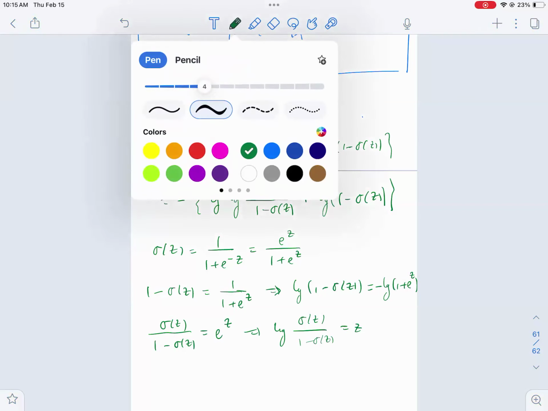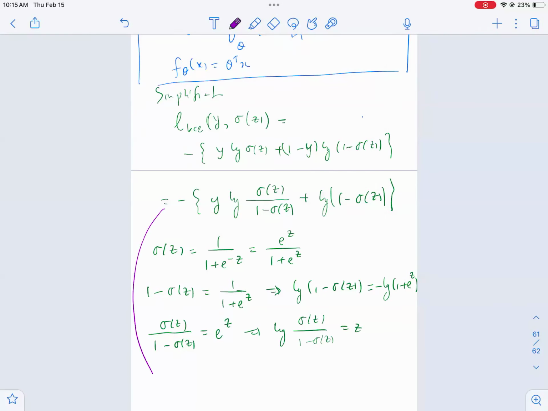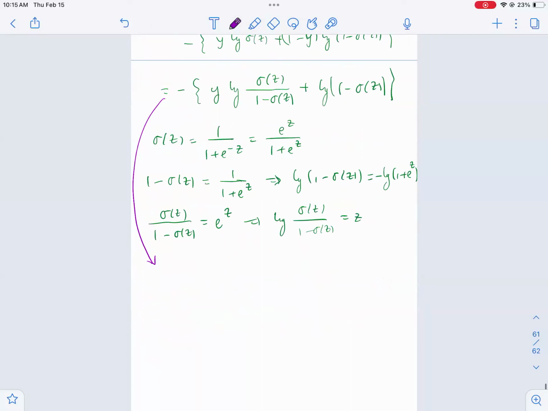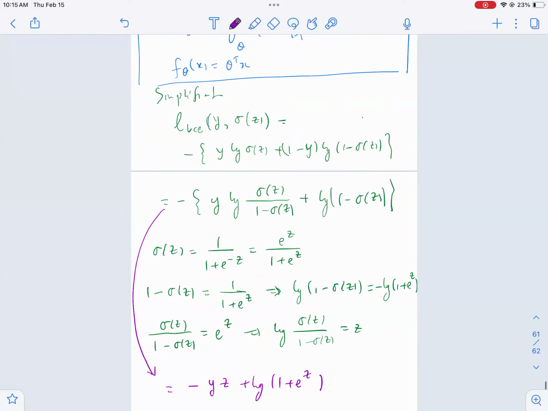And if I plug that into this quantity, I get negative yz, and then I have a negative sign there plus log 1 plus e^z. Okay. So you can see I absorb this sigma into the loss.